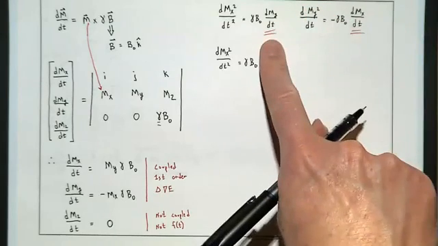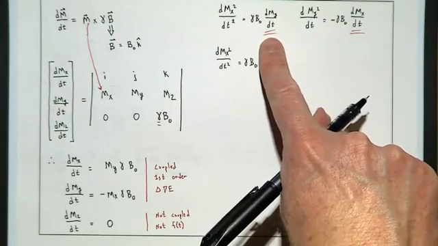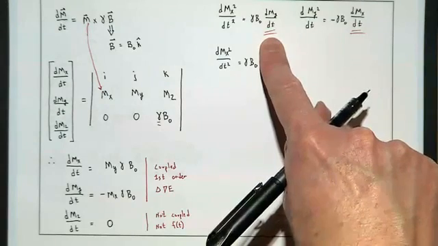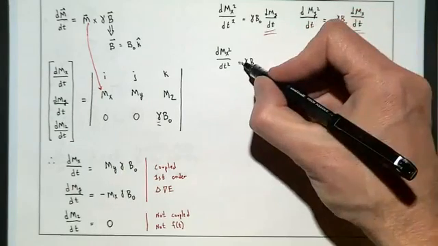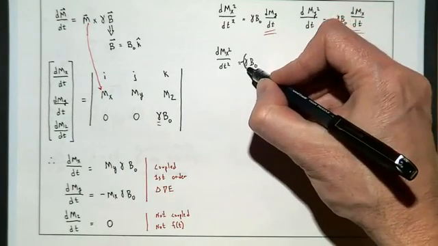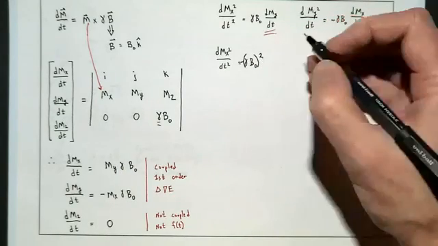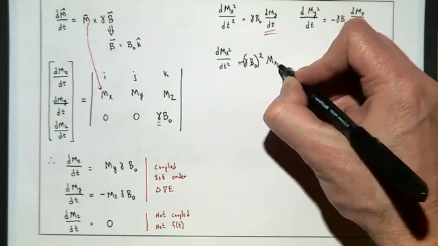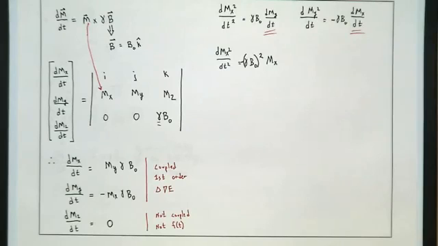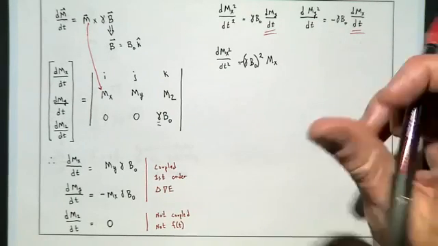But now, where I have my dMy/dt, this is where the uncoupling occurs, so to speak. I'm going to have a minus Mx gamma B0. So I'll put a minus sign out in front. I'll square this thing, and I'll put in an Mx. Make sense? I'm just substituting in these expressions here.